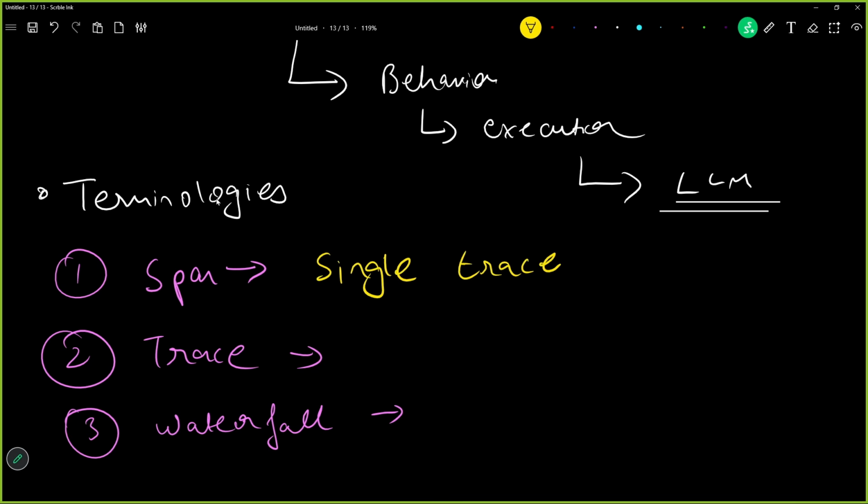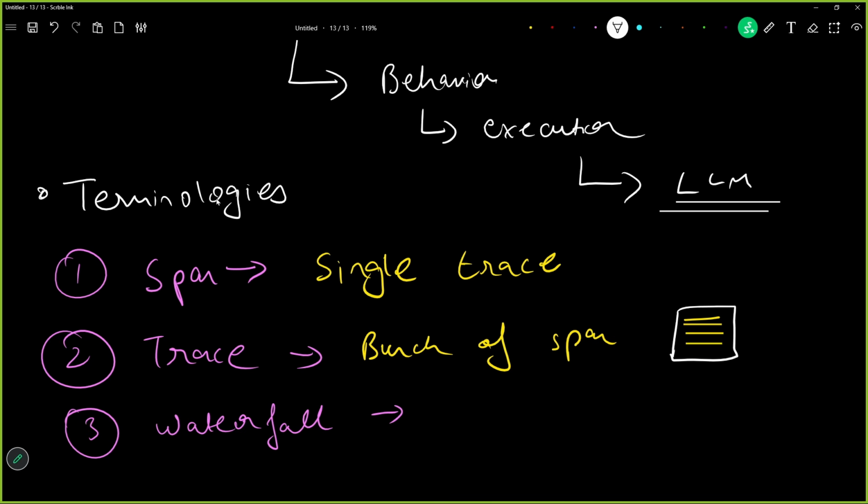All right. Trace is a bunch of spans. So multiple spans make up a trace. And waterfall is the execution of our trace. So trace execution.